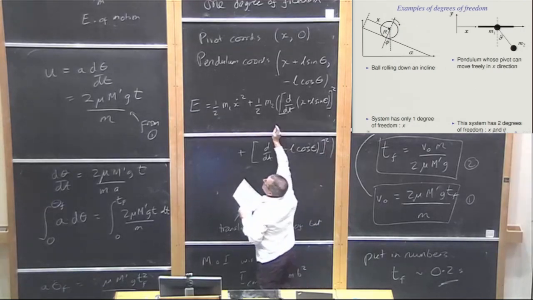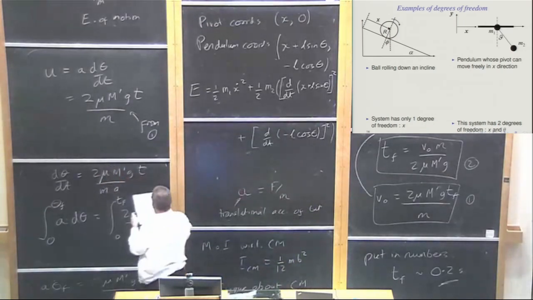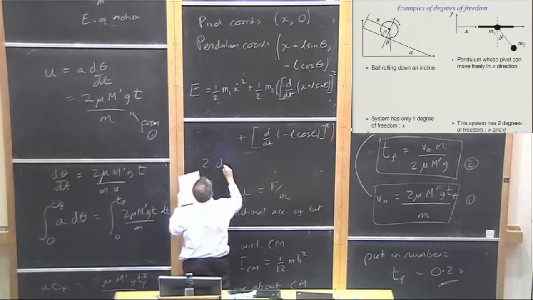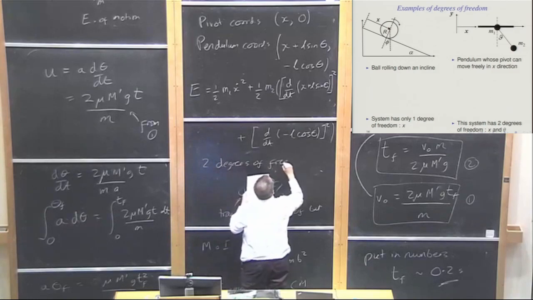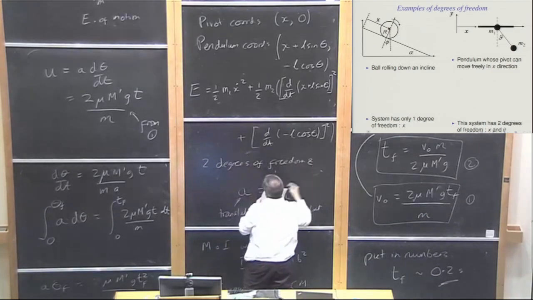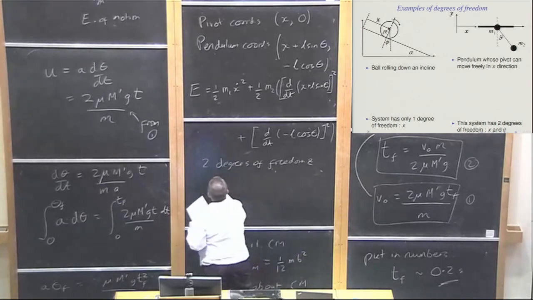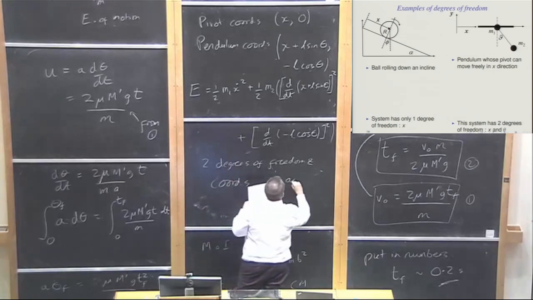So in this case, the problem very much has two generalized coordinates. So we have here 2 degrees of freedom and coordinates which are x and theta.